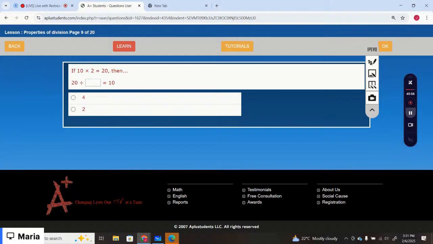That is 20 divided by 2 is 10. Option number 2 is the correct option.